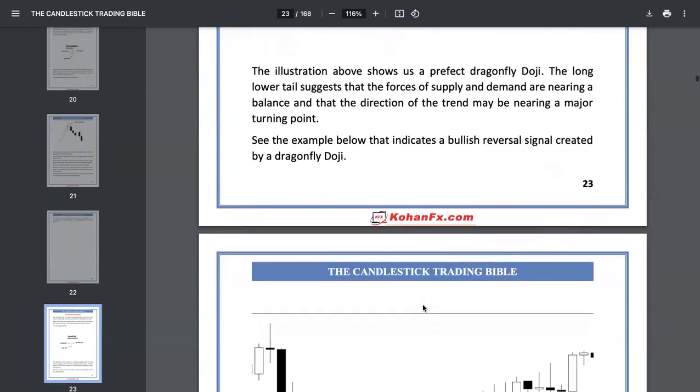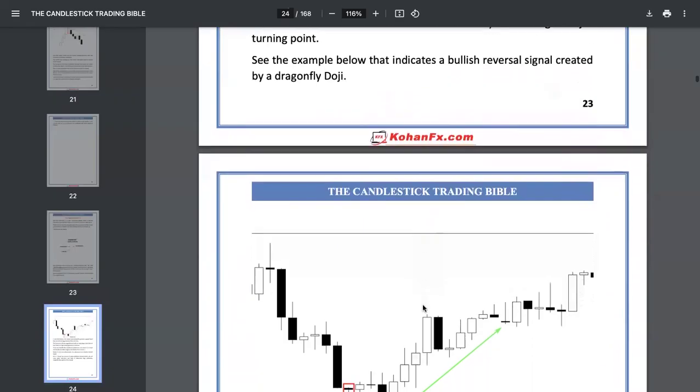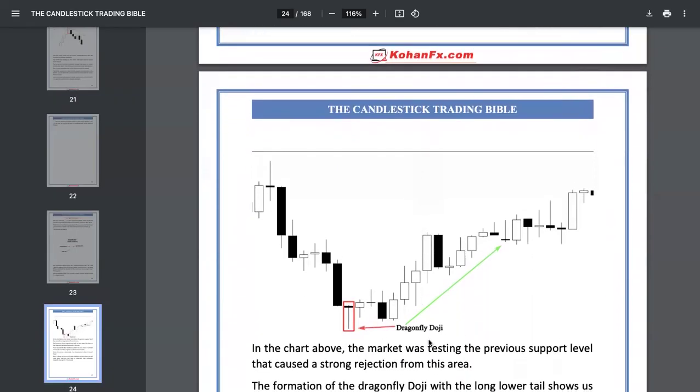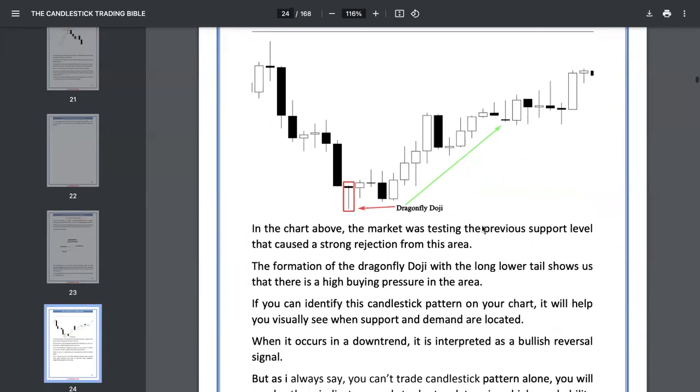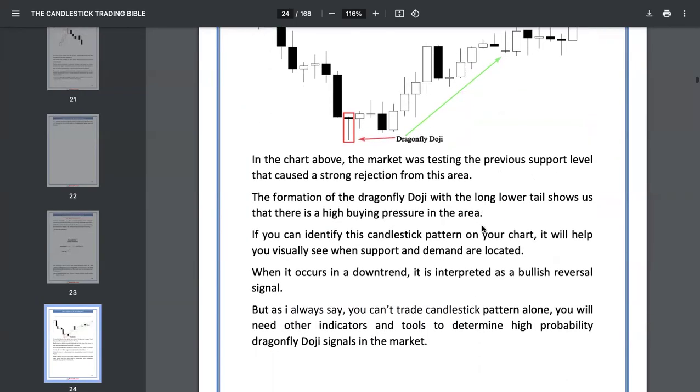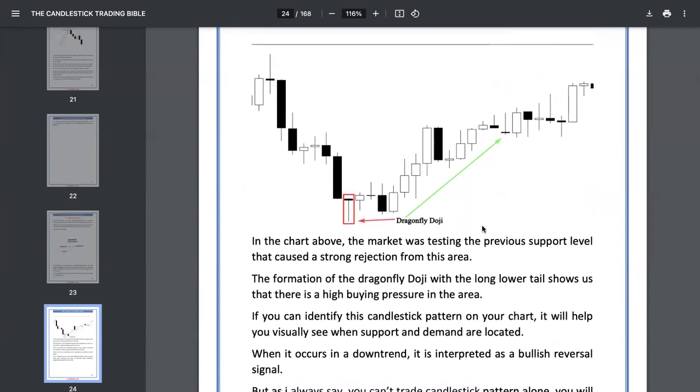So we can see the example below that indicates a bullish reversal signal created by a DragonFly Doji. We have a downtrend, then we have this DragonFly Doji present here, and then it pushes everything up. In the chart above, the market was testing the previous support level that caused a strong rejection from this area.